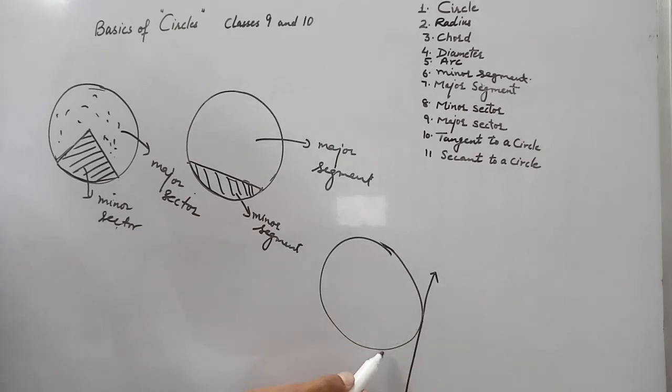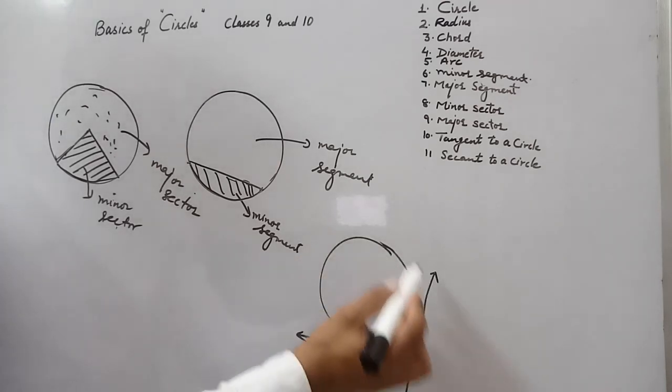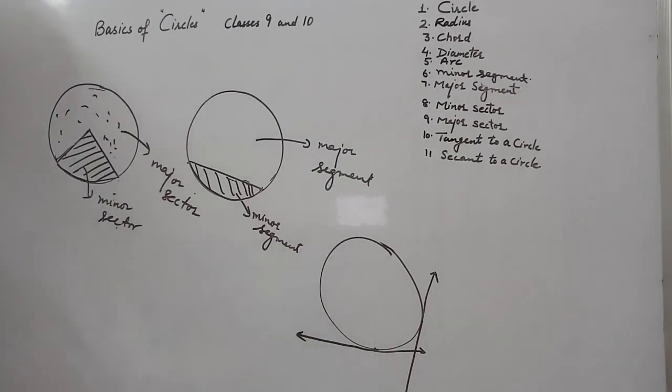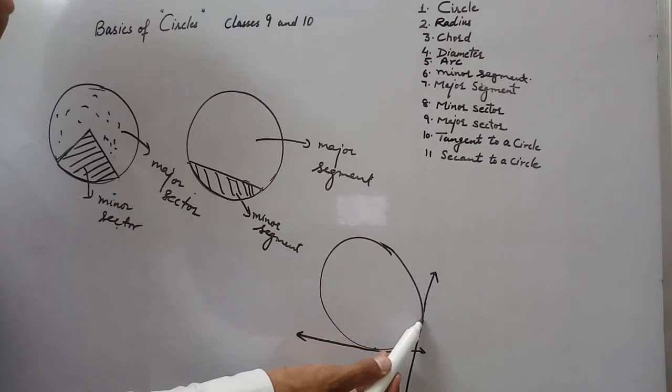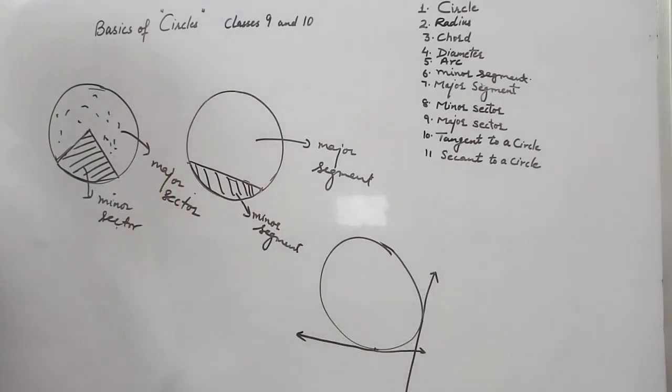We have infinitely many points on the circle, so we can have infinitely many tangents on the circle. At one point we can draw only one tangent, but on the complete circle we can draw infinitely many tangents. So I define tangent as a line which intersects the circle at one point.